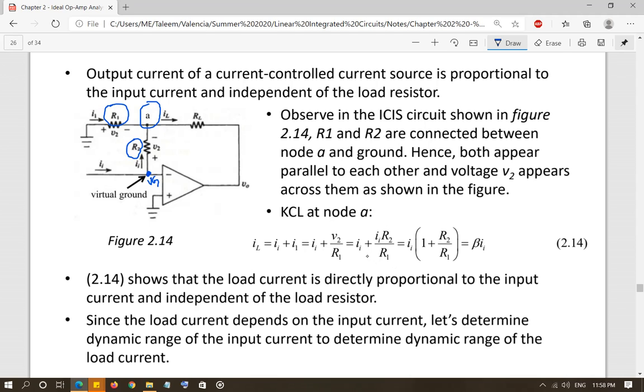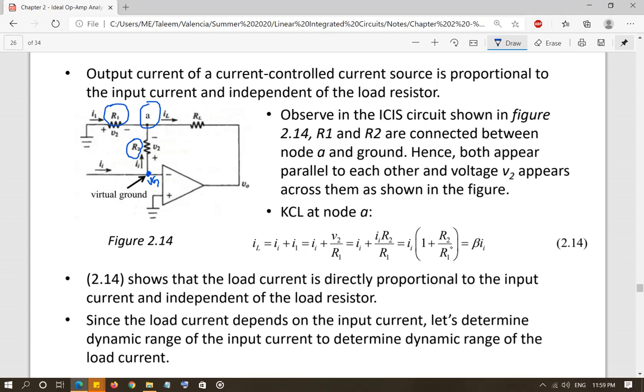And when we combine these two, V2 is, of course, I input times R2. So we change this V2 into I input times R2, and I input is common, we take it out. So it's going to become load current equals I input times 1 plus R2 over R1.